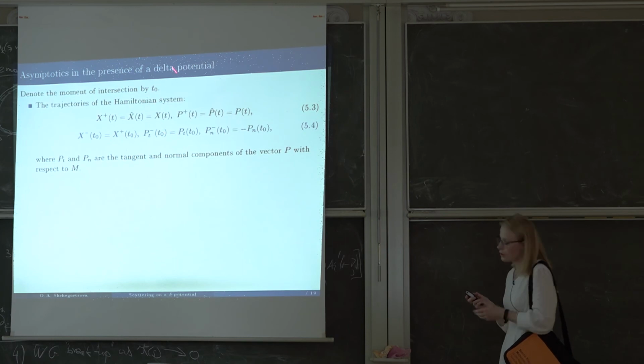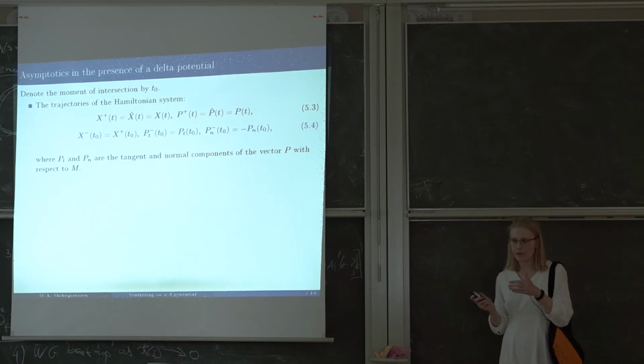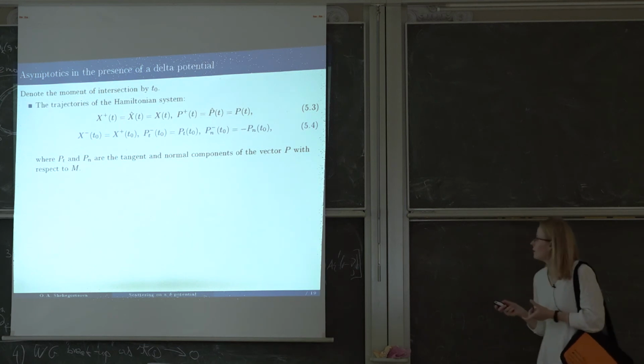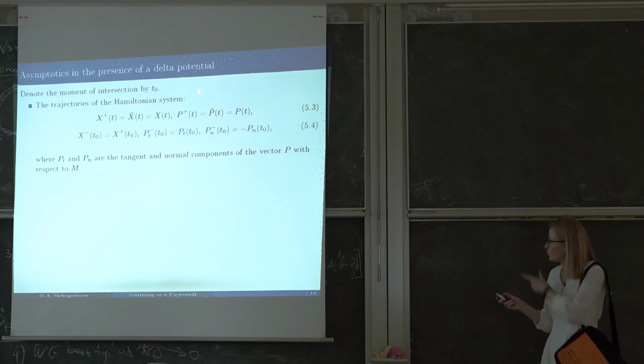And of course, for the falling wave, we will have the same formulas as for the wave in the case of a smooth potential. I use x and p here also as before.